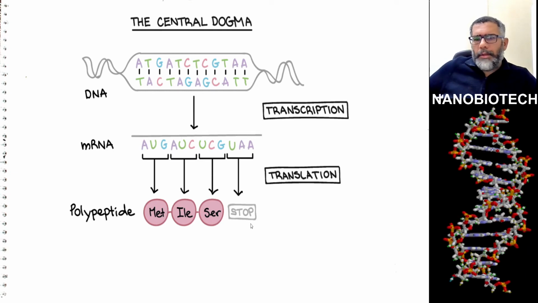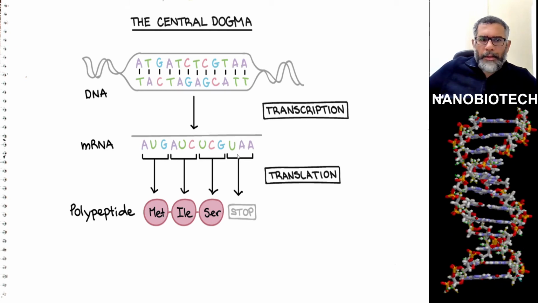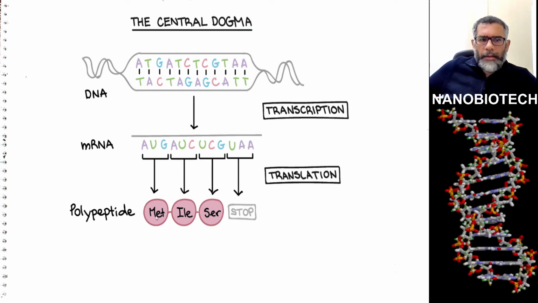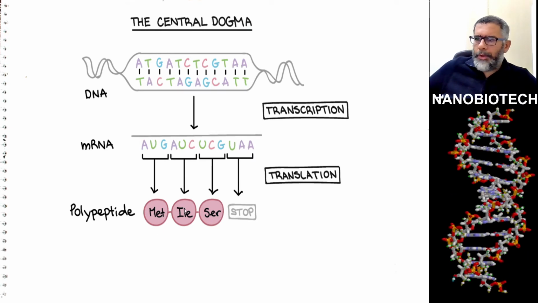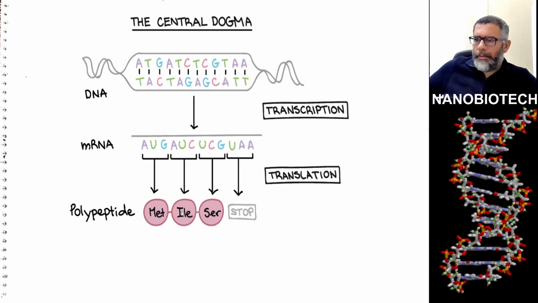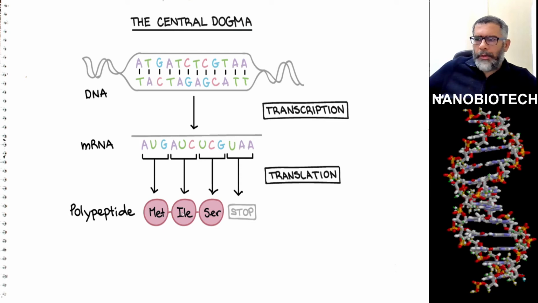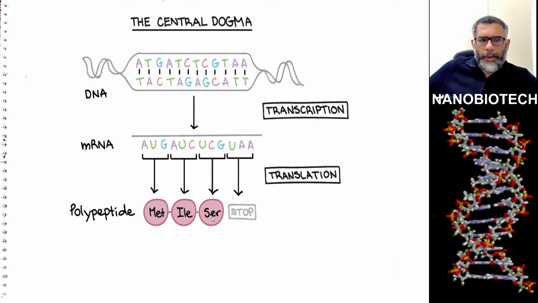In translation, the sequence of the mRNA is decoded to specify the amino acid sequence of a polypeptide. These individual circles, pieces over here, you see, they're all individual amino acids, but they come together and make the polypeptide.